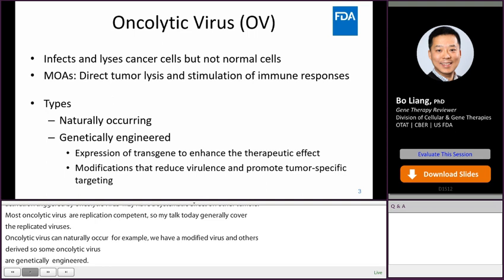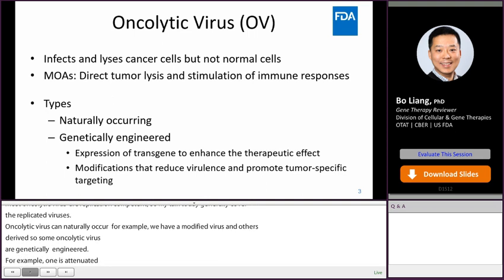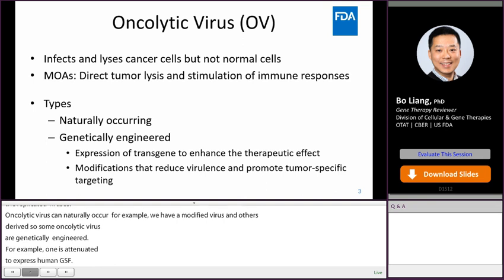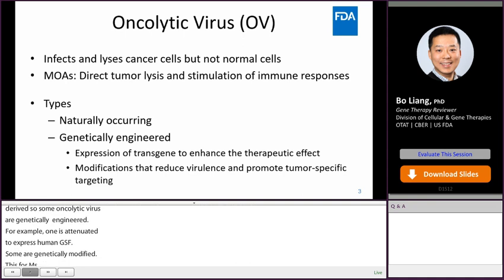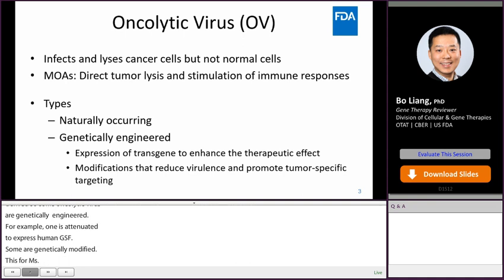Some oncolytic viruses are genetically modified to reduce the virulence and promote the tumor-specific targeting. For example, we have live attenuated poliovirus with the internal ribosome entry site from a human rhinovirus for reduced neurovirulence.